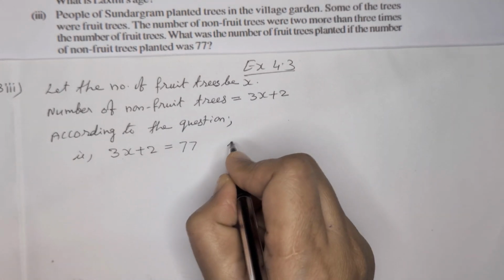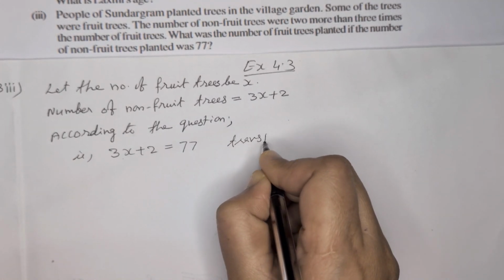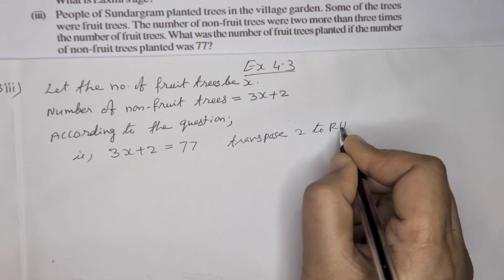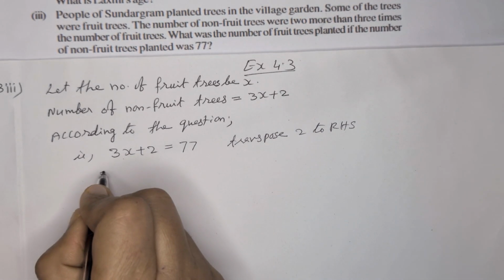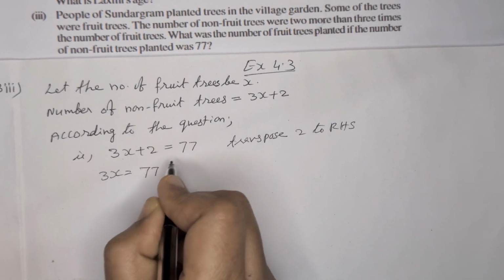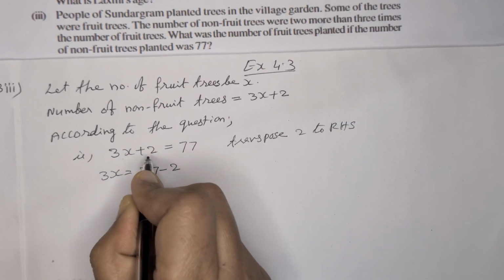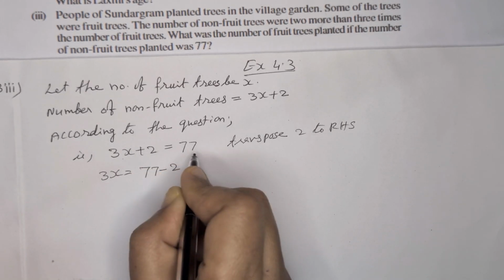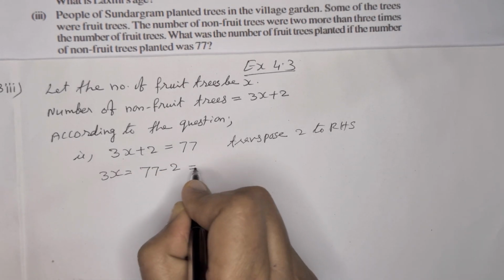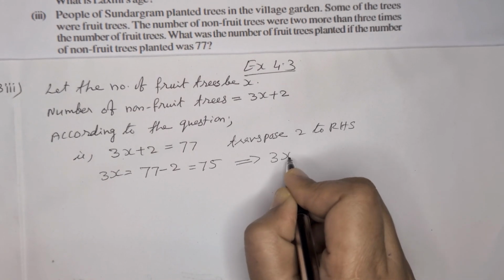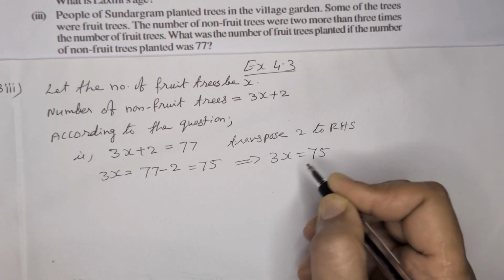To solve this, transpose 2 to RHS. So we will get 3x is equal to 77 minus 2. When we move a number to the other side, change the sign. Plus 2 becomes minus 2. Is equal to 75. That we can rewrite as 3x is equal to 75.